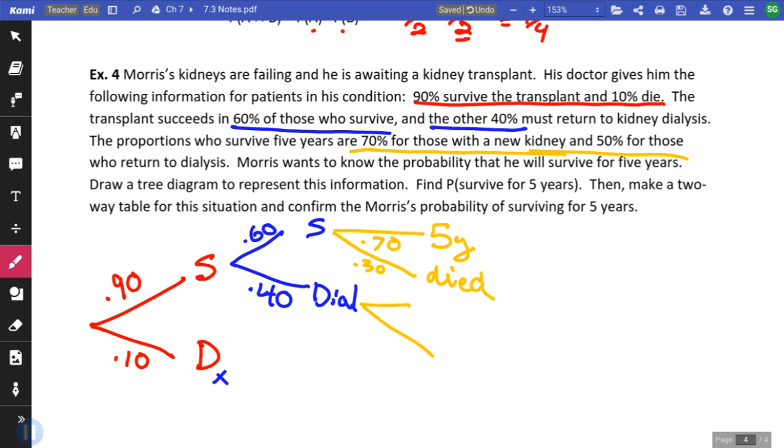For those on dialysis, 50% lasted 5 years, which means 50% didn't.